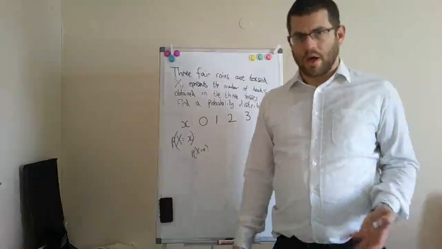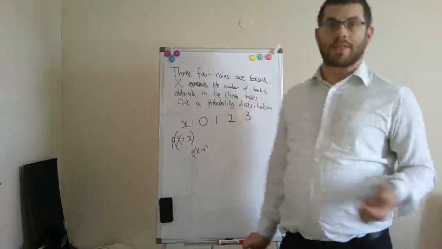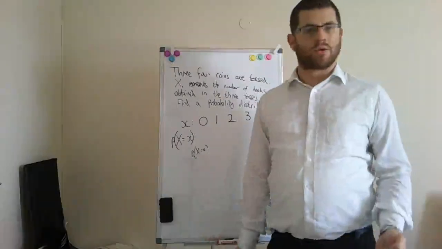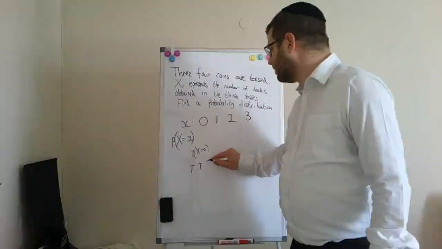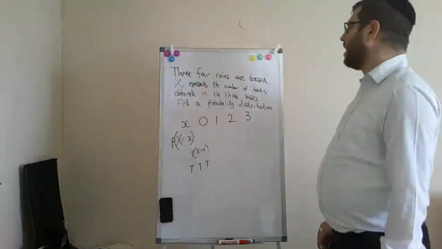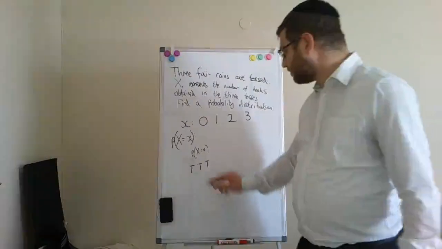What needs to happen? If I want 0 heads, I'm still tossing it 3 times, it means I must not get a head every single time, which means that I'm getting a tail, a tail, and a tail. Now the probability of 1 individual tail is a half.